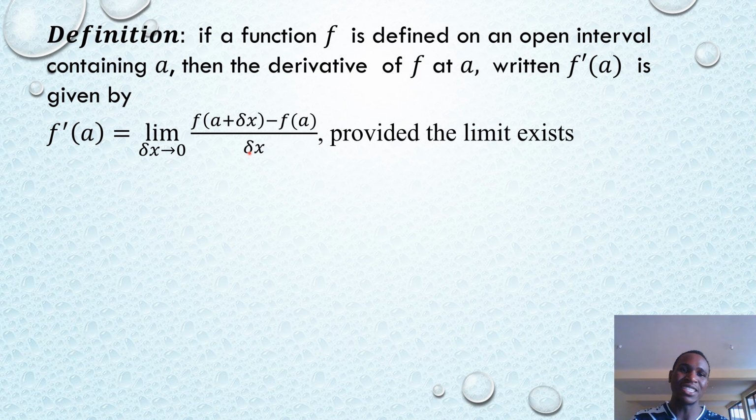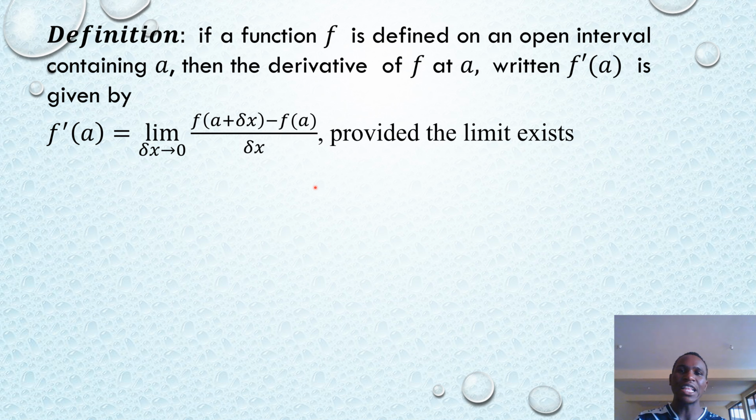I am warning you guys again. This delta x is a symbol. It's not a variable here. Okay, it's not a variable quantity. It's a single symbol. It's not like delta of x or delta times x. That's why you see me when I'm replacing, I just replace the only x in the expression, leaving out delta.